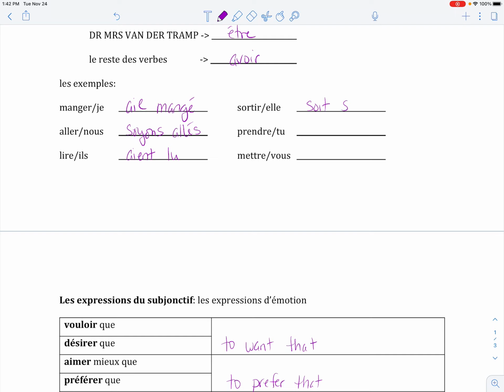Sortir: elle soit sortie, with an E for agreement. Prendre: tu aies pris. Mettre: vous ayez mis. So it looks just like the passé composé, except that you're conjugating your helping verb into the present subjunctive instead of the present indicative.